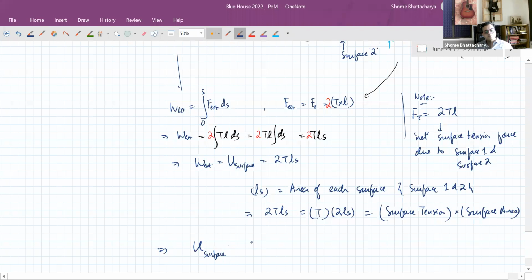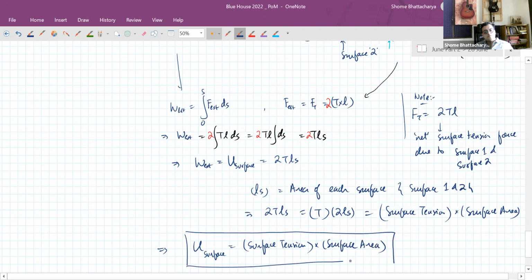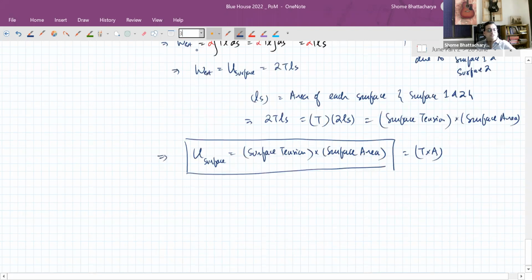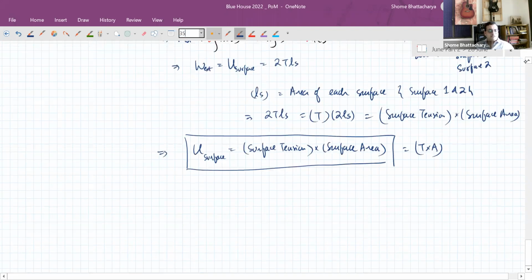So surface energy is equal to surface tension multiplied with surface area. So we get an alternate definition of the property surface tension now, that it is the surface energy per unit surface area.